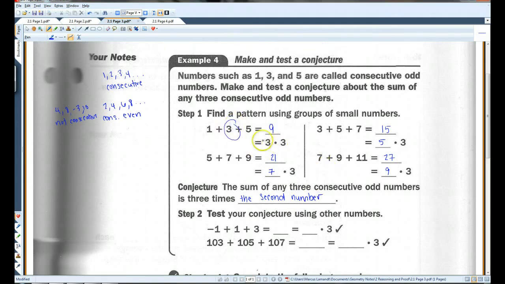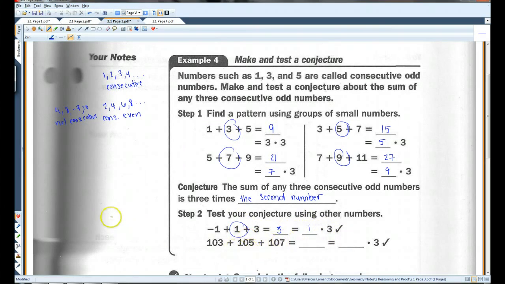Here, the second number is 3. 3 times 3 is 9. Here, the second number is 7. 7 times 3 is 21. 5 times 3 is 15. 9 times 3 is 27. So, let's test our conjecture using other numbers. Let's try -1 plus 1 plus 3. That gives us 3. The middle number is 1. 1 times 3 is in fact 3.